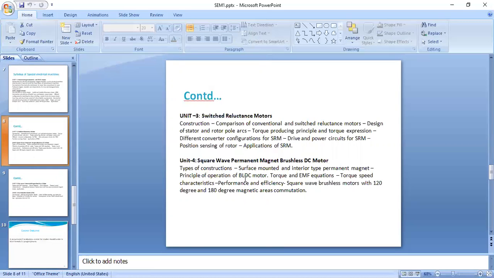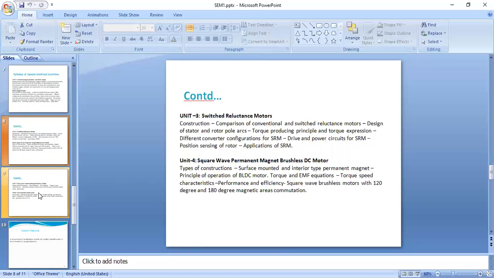So here also we are studying the different types of construction of the brushless DC motors, and also the principle of operation of the brushless DC motor, deriving the torque and EMF equations for the square wave brushless DC motor, and also deriving the efficiency of the square wave brushless DC motor, and finally discussing the 120 degrees and 180 degrees magnetic area computation for this square wave brushless DC motor.